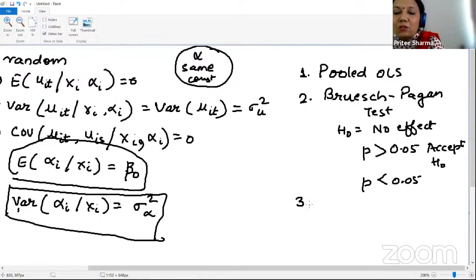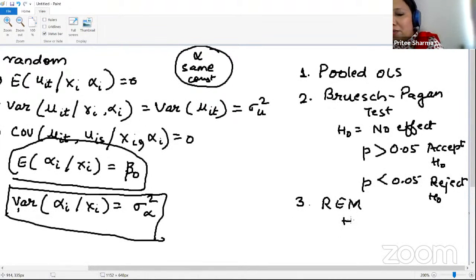Although in the theory which we have understood, we went from pooled estimation to fixed effect and then to random effect, because theoretically it is easier to understand that way, in practice, after doing this Breusch-Pagan test, when we reject H0, we don't go for FEM, but we go for REM. So we do the random effect model.